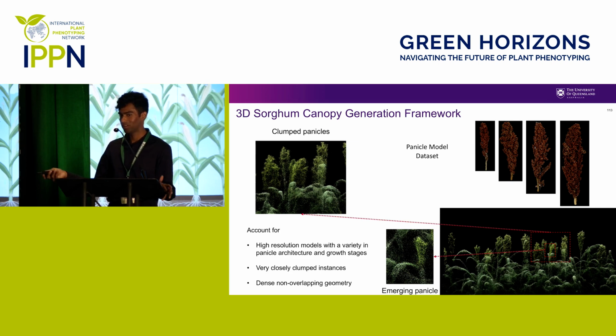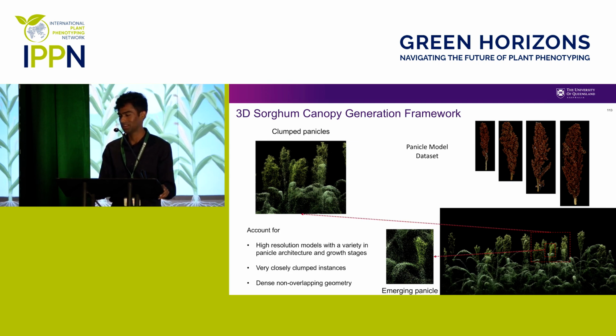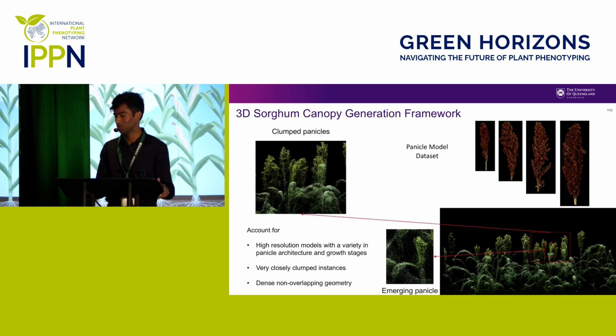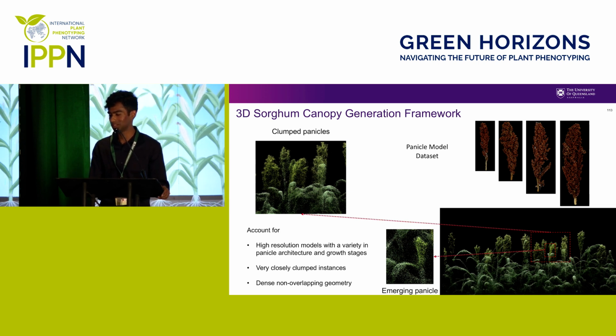Right, so now we've got a very sharp point cloud model which looks very pretty. But in order to process all of this data and get some value and traits out of it, you'd have to train computer vision models, which usually require huge amounts of labeled and annotated 3D point cloud data.